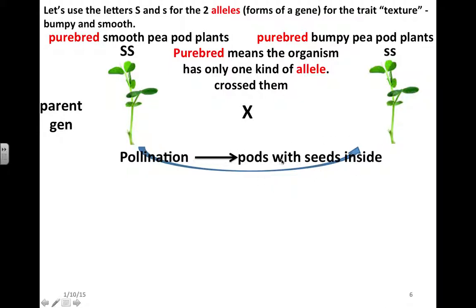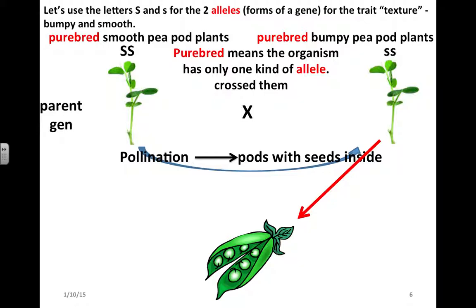So Mendel got pods that had seeds inside, okay, which came from the fertilization of this daddy plant and this mama plant. Then he took the seeds from this plant, put them in the ground and let them grow up.